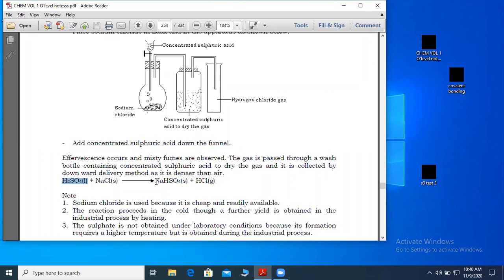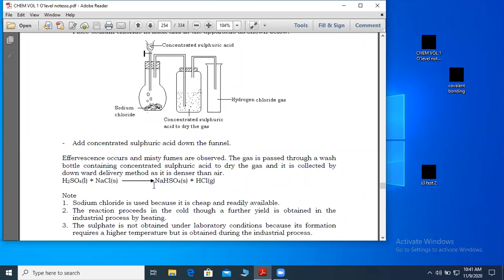So here the product is sodium hydrogen sulfate plus hydrogen chloride gas. Not hydrochloric acid: hydrochloric acid is obtained when this hydrogen chloride gas is dissolved in water.